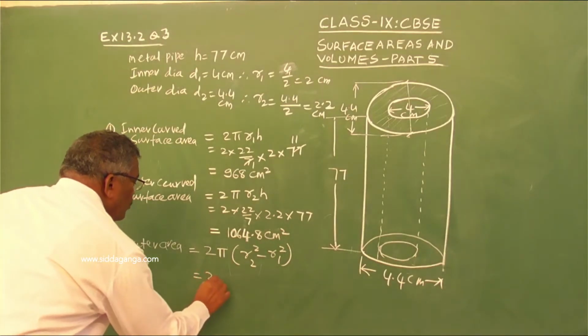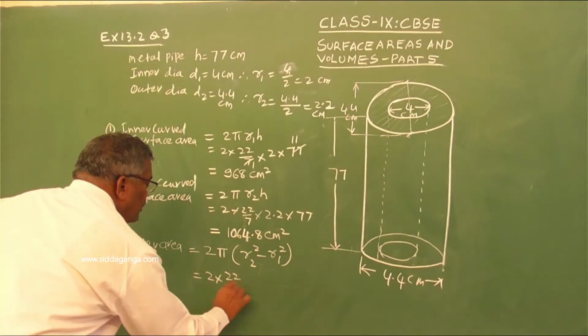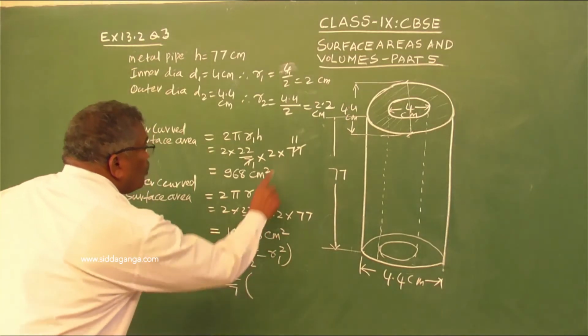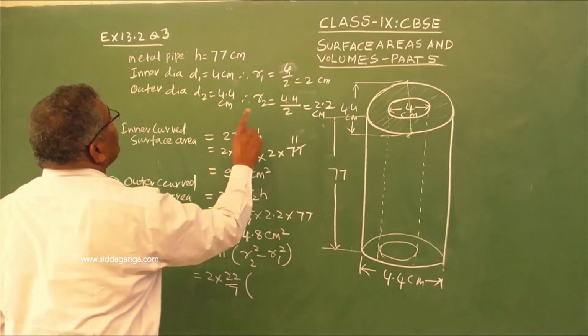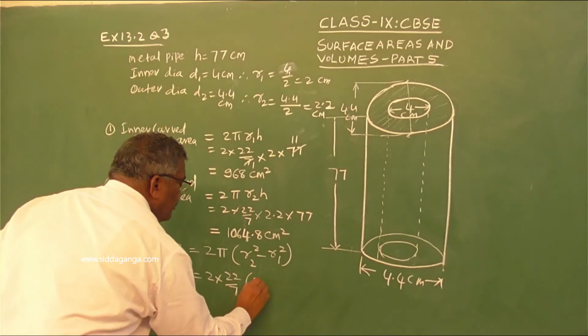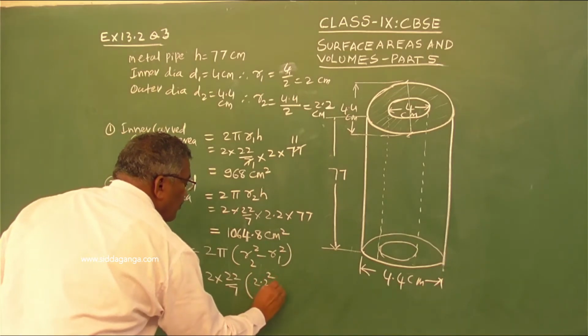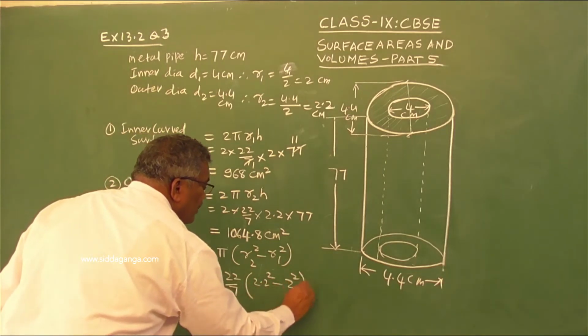This is 2 into 22 by 7 into R2 is 2.2 whole square minus 2 square.